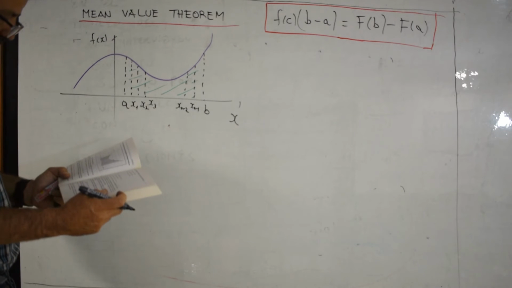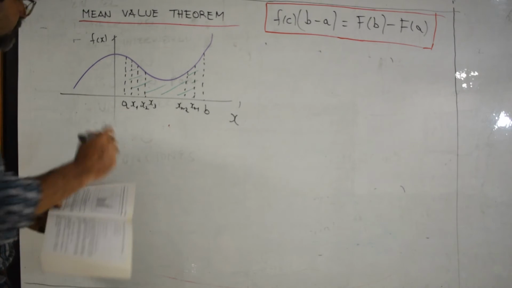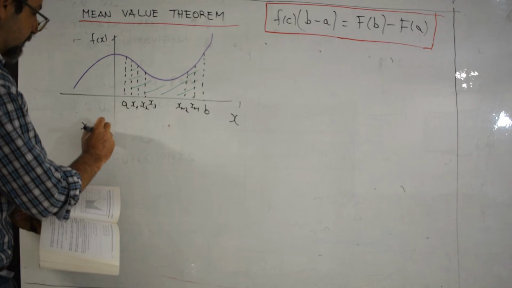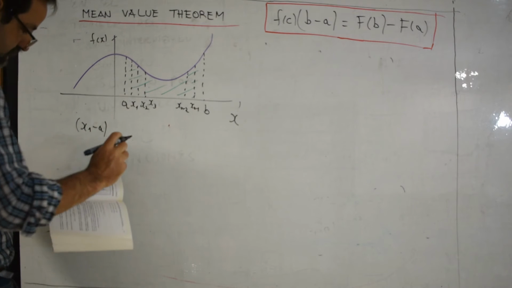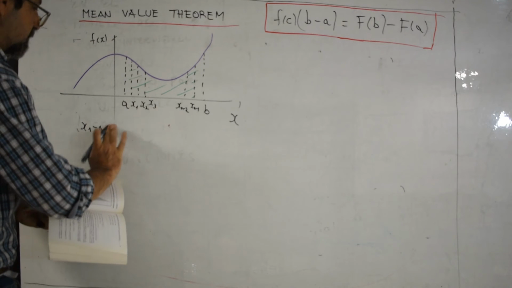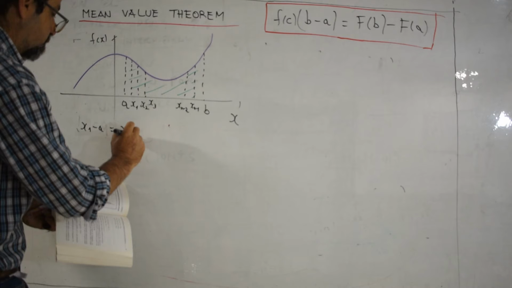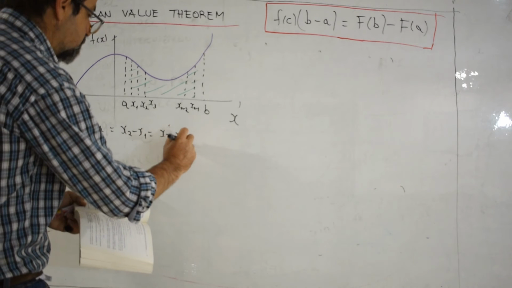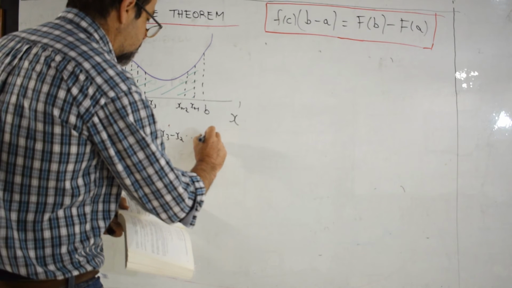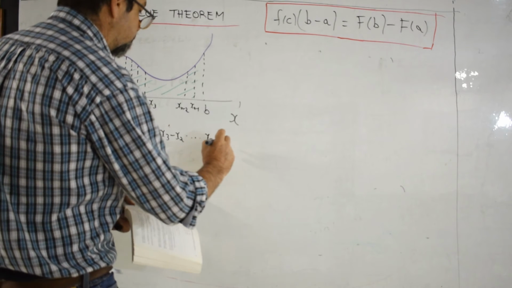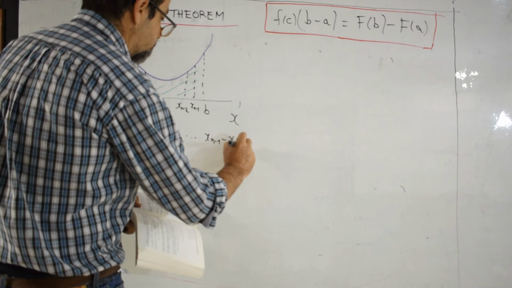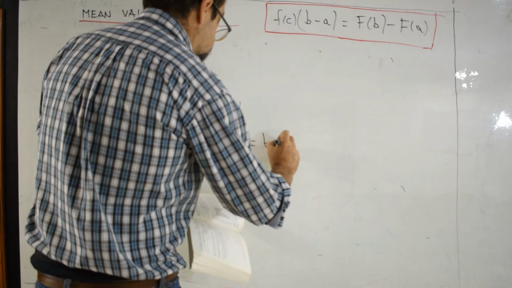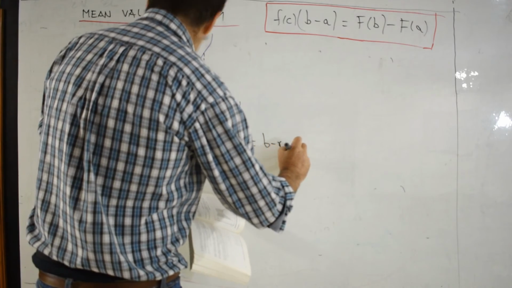So we would say that x1 minus a, the size of this, is equal to x2 minus x1, is equal to x3 minus x2, and similarly b minus x n minus 1.